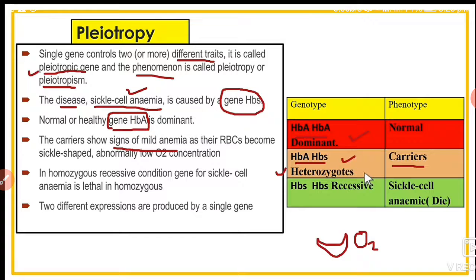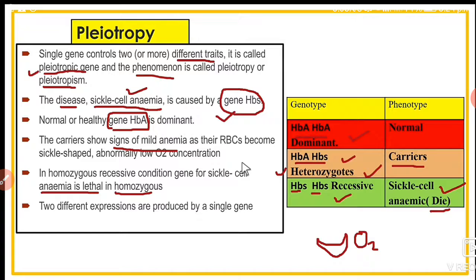HBS HBS, which are recessive, have sickle cell anemia, which is responsible for the death of the person because the blood is in an abnormal condition.